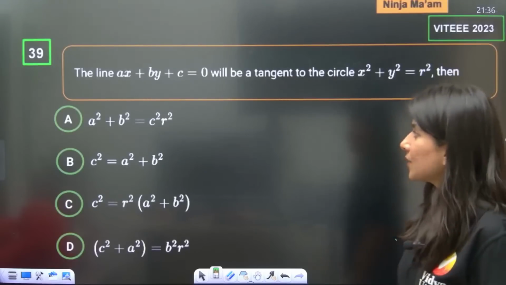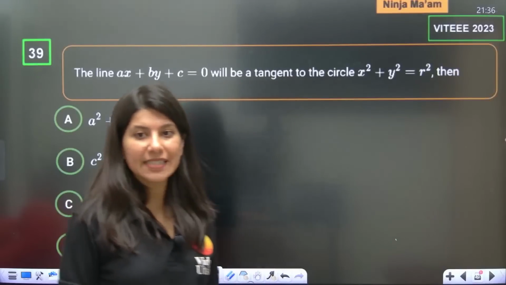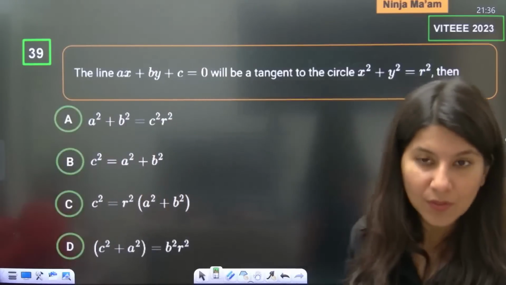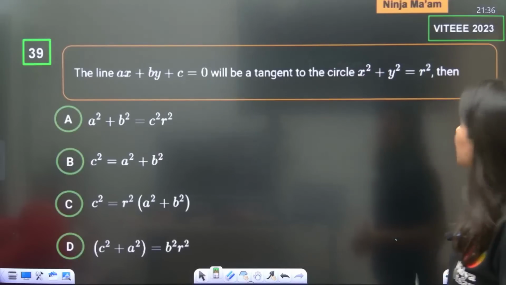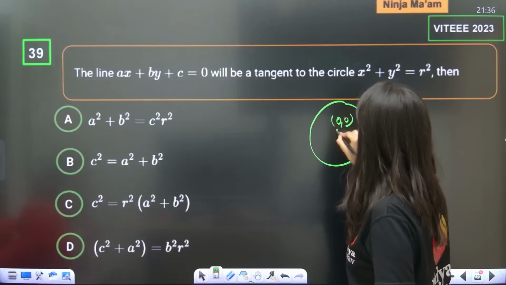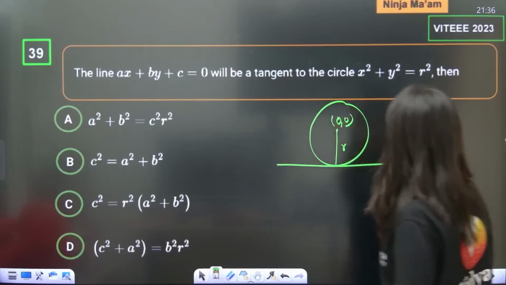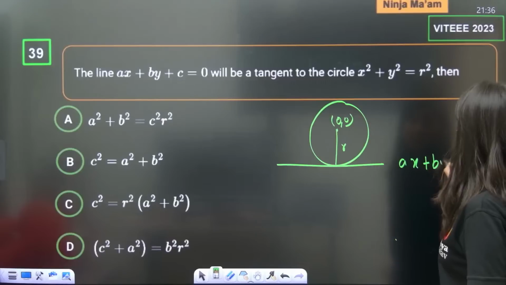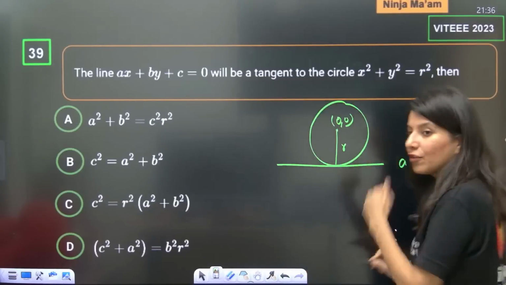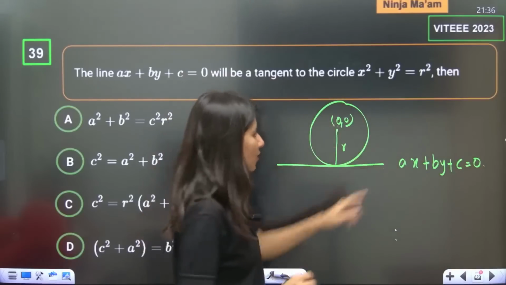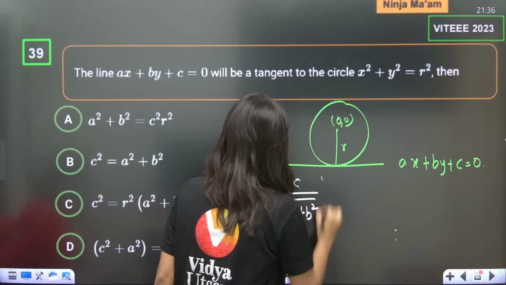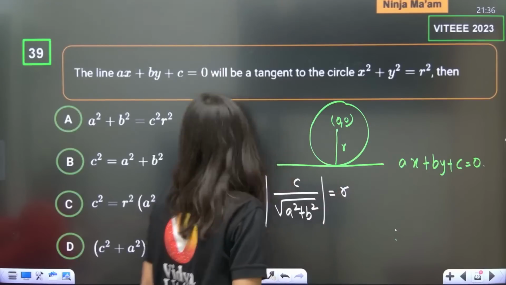Yes. The next question, line AX plus BY plus C is equal to 0 will be a tangent to this circle. This circle has 0, 0 as center and R as the radius. So the perpendicular distance of the line from the origin, you know the formula, put 0, 0: mod of C upon square root A square plus B square is equal to the radius of the circle.